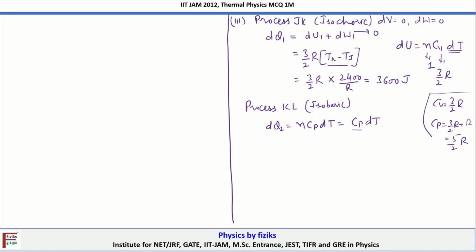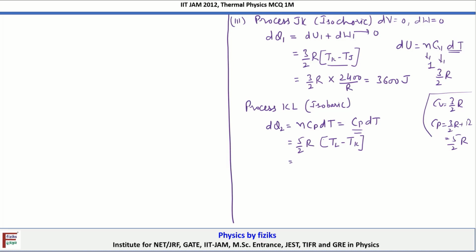So I will take it directly: 5 by 2 R and dT. What is dT? It is the temperature at point L minus the temperature at point K, the temperature at the final point minus the temperature at the initial point. If you substitute the values of TL and TK, we obtain the following result.